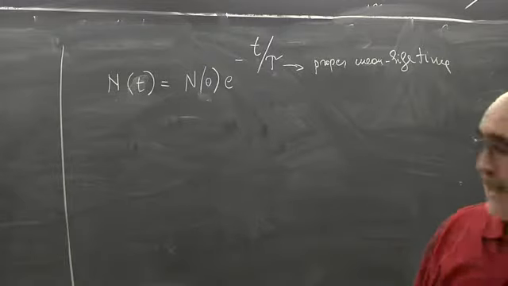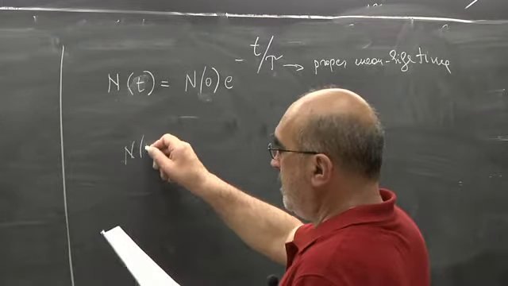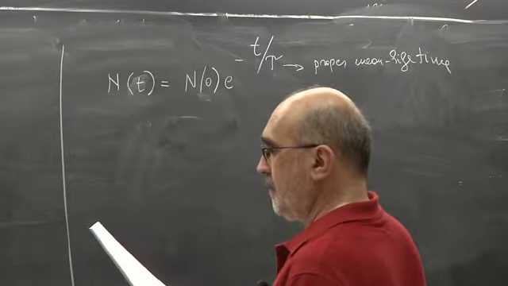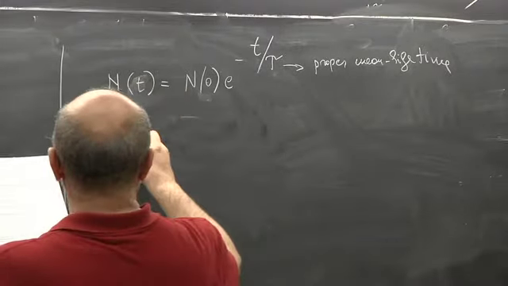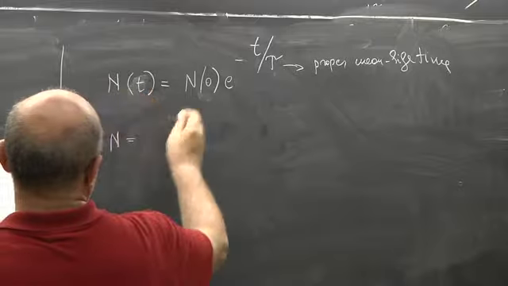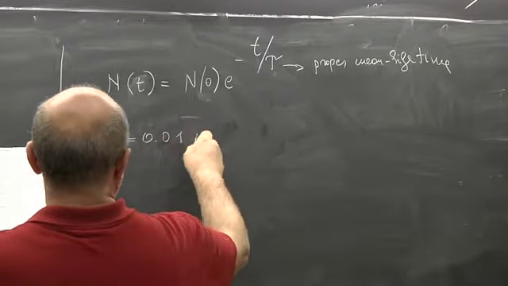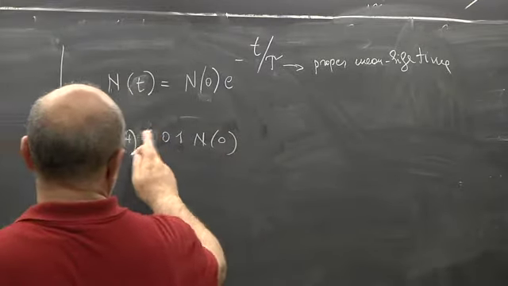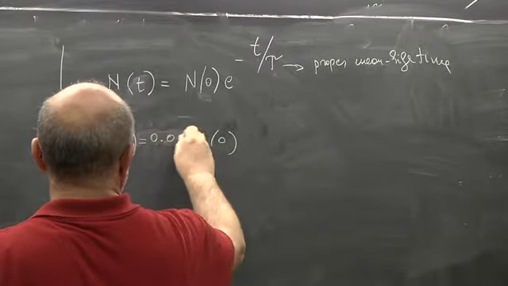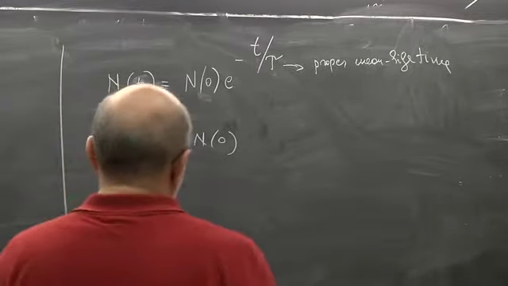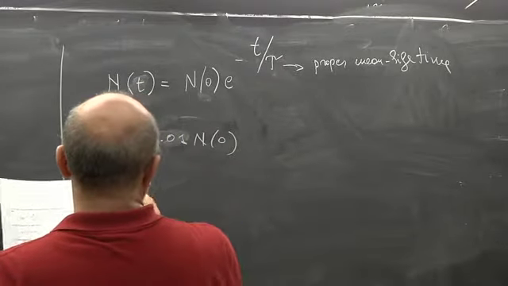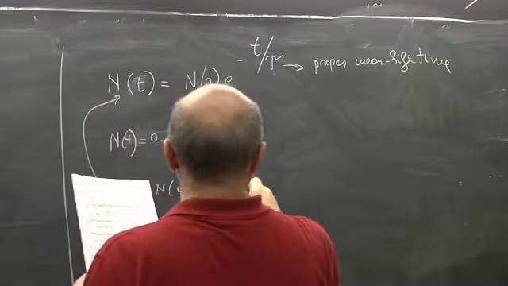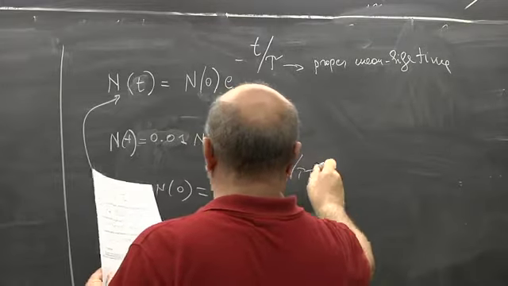Now we know that N, the number of particles surviving, is 0.01 N0, because 1% survive. So we put in 0.01 N0 equals N0 exponential of minus t over tau.